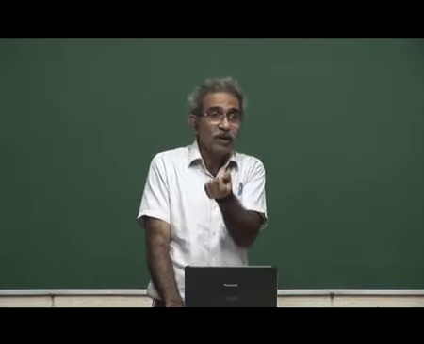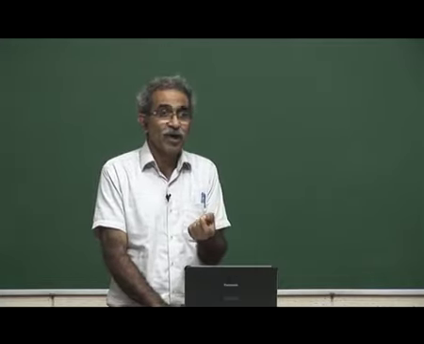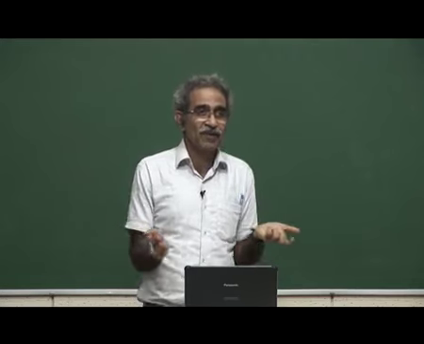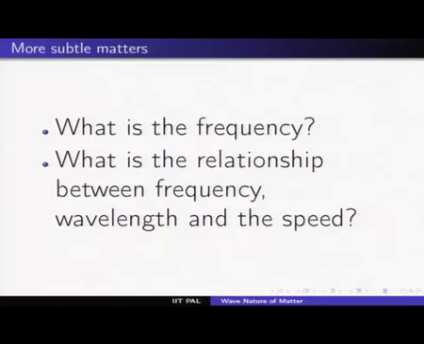But a particle is a highly localized object. It is a point particle for all practical purposes. What do you mean by associating a wave? It is a very important question that we have to ask ourselves, and that is the reason why I have listed these three questions. And although they are not technically a part of your syllabus, it is very important for us to ponder over this.